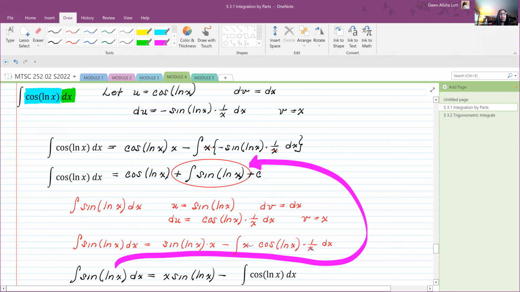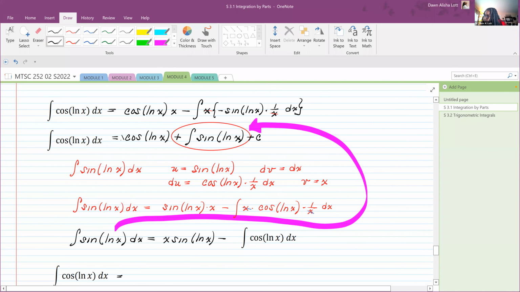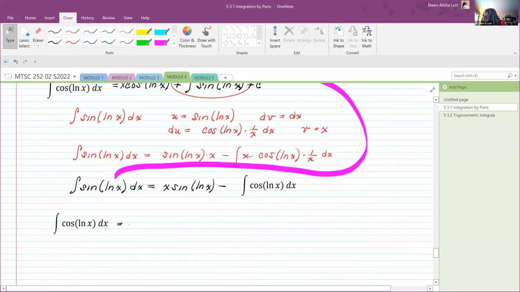I forgot an x up here. My x walked away. Okay. So it's going to be x times the cosine of natural log of x plus x times the sine of the natural log of x. And then I'm going to subtract off the integral again.